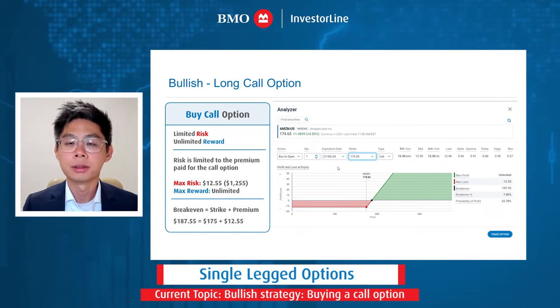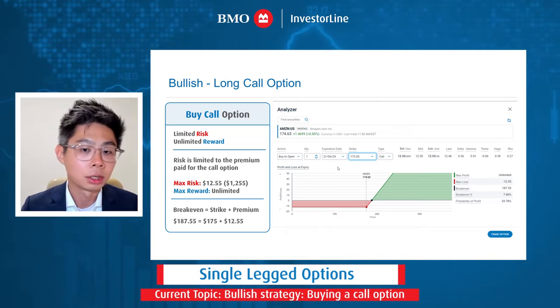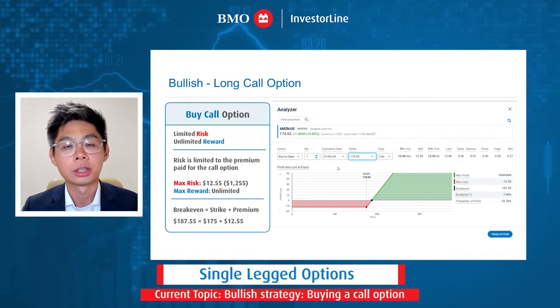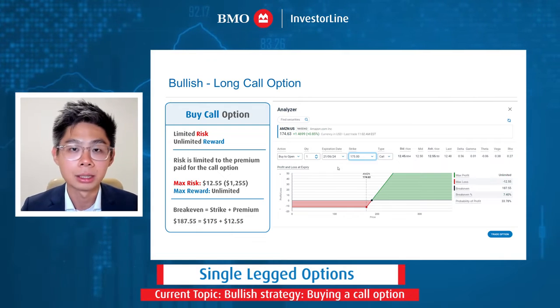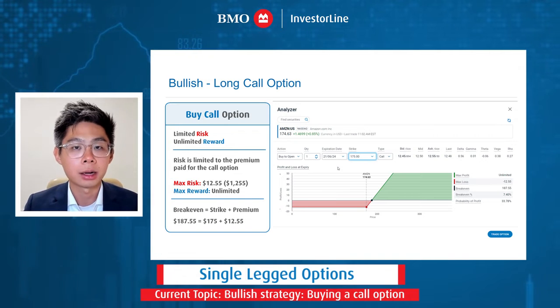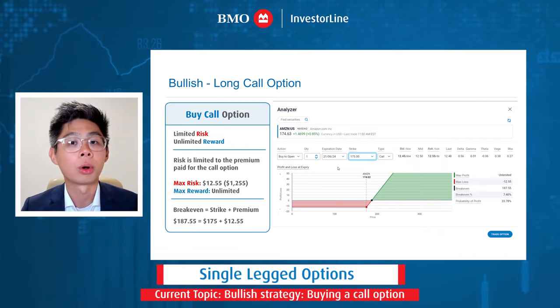Now, the risk profile of a call option, as you can see from your screen, is that the upside here is actually unlimited. Just like buying a stock, when you buy a stock, if the stock keeps moving higher and higher and higher, you will continue to make more and more profits.